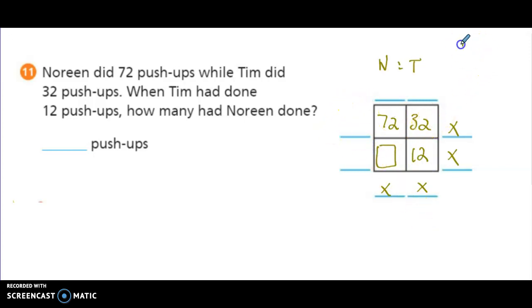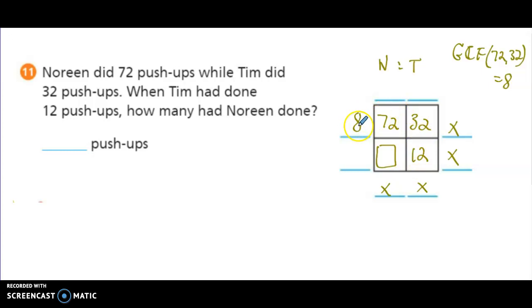Okay, greatest common factor of 72 and 32 is, I think it's 8. Okay. So 8, and again, you can use your calculator at this point when the numbers get large like this and test out your guess as to a greatest common factor, because 2 works, but that won't work all the way for the whole puzzle.